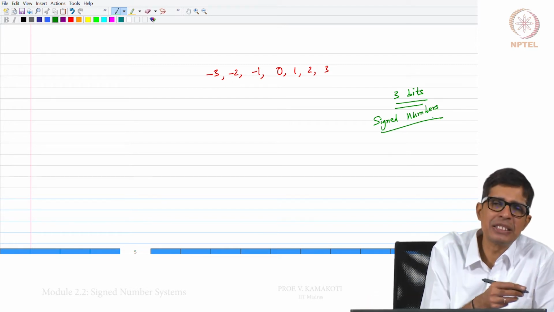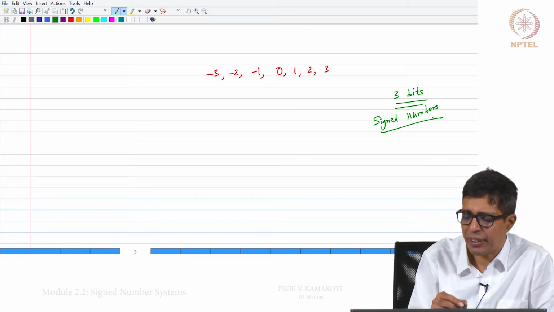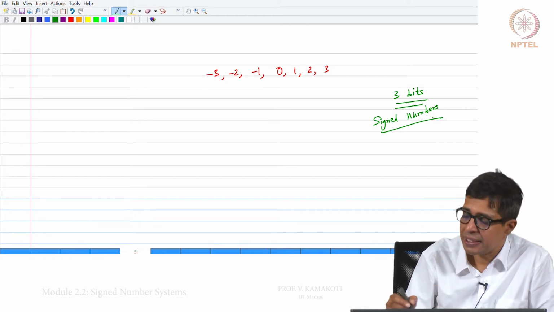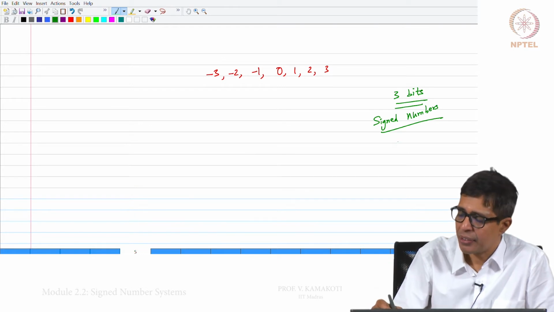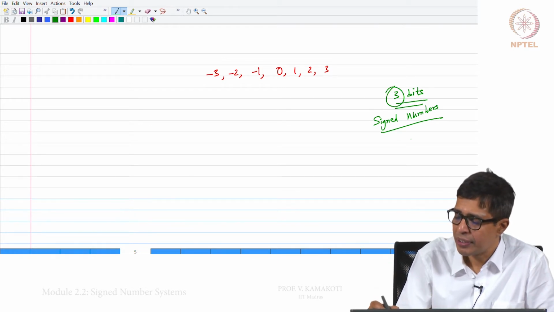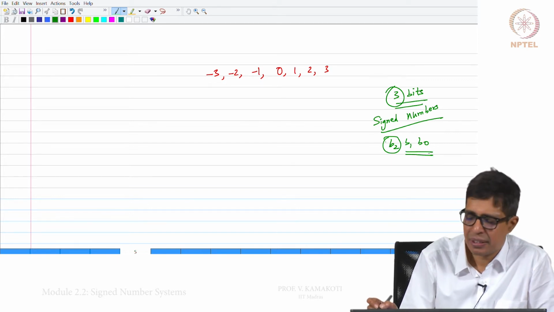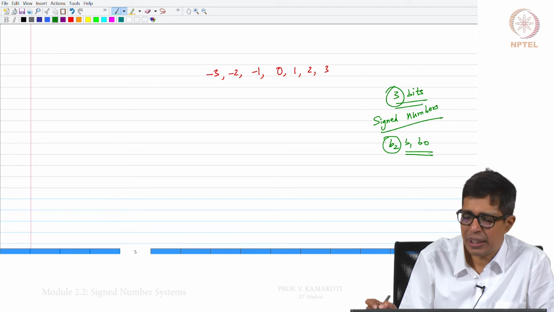That means, as mentioned in the previous slide, the first bit will be used for sign. So, remaining there will be 2 bits. So, let me call it bit 2, bit 1 and bit 0. Bit 2 will represent sign. So, bit 1 and bit 0 will represent the value, right.